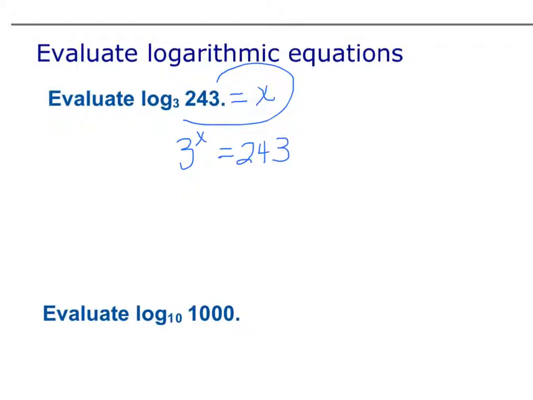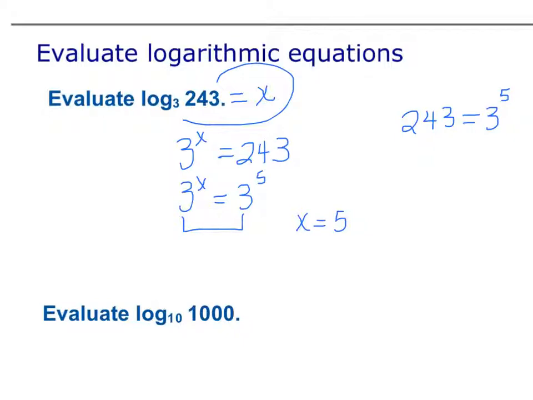Now, remembering from an earlier video that 243, when you factor it all out, is actually equal to 3 to the 5th power. So 3 to the x is equal to 3 to the 5th. The one-to-one property says that if the bases are the same, then the exponents are the same. So log to the base 3 of 243 is going to equal 5.